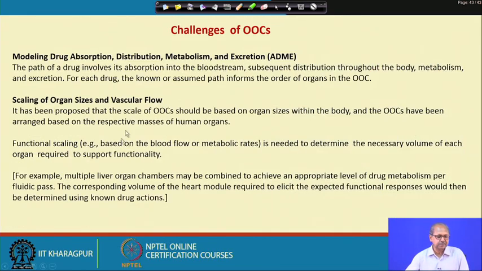What are the challenges? Modeling of drug absorption, distribution, metabolism and excretion, ADME, then scaling of organ size and vascular flow, because it needs a lot of simulation and engineering to scale the organ size and vascular flow.